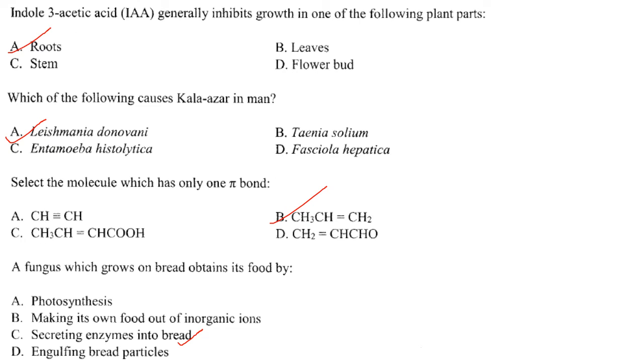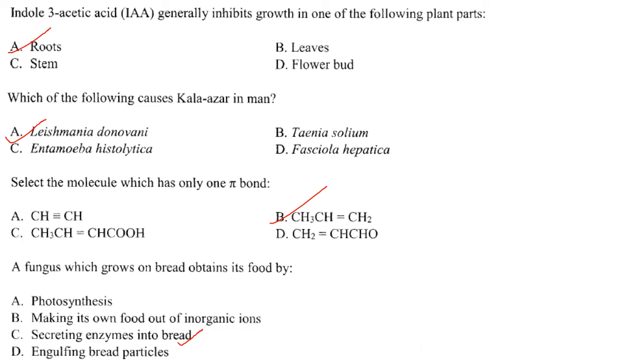Then next one, indole 3-acetic acid, IAA, generally inhibits growth in one of the following plant parts. It is roots. Answer is option A. Then which of the following causes Kala-Azar in man? Kala-Azar, also known as visceral leishmaniasis, is a chronic systemic disease transmitted by the sandfly vector.